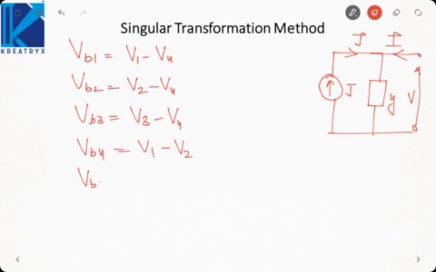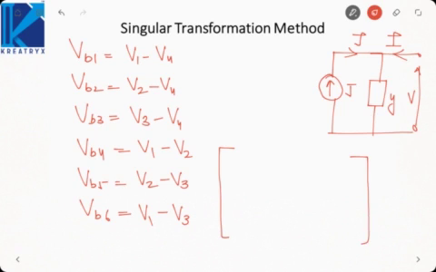Branch 5 was between 2 and 3: V2 minus V3. Branch 6 was between 1 and 3: V1 minus V3. How am I choosing which one to subtract from which one? That depends on the direction of the branch. If it is going from 1 to 2, I am taking V1 minus V2. Now if we write it in matrix terms, it will be V1 minus V4.